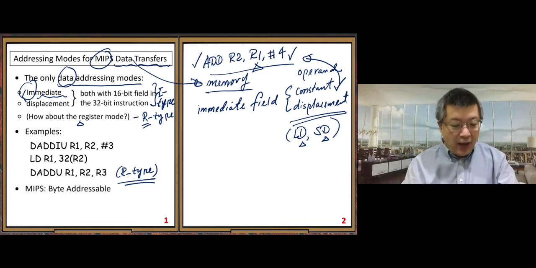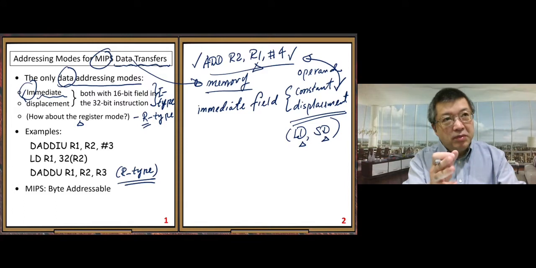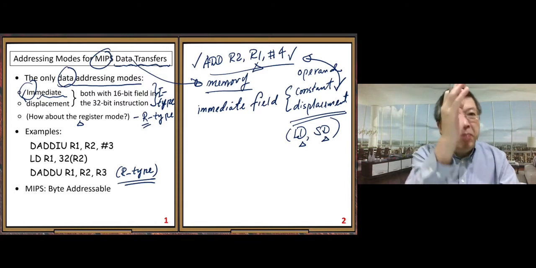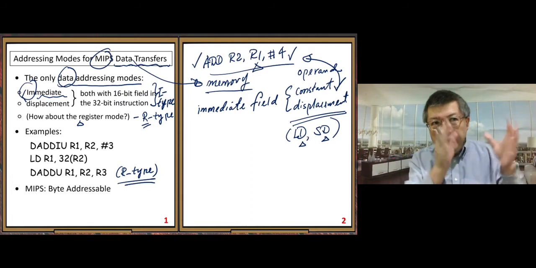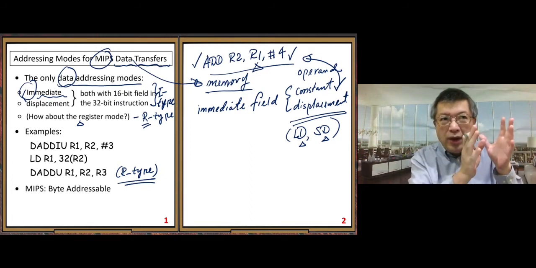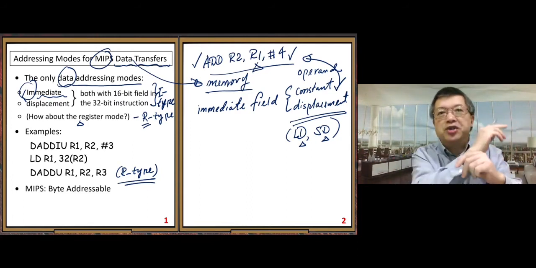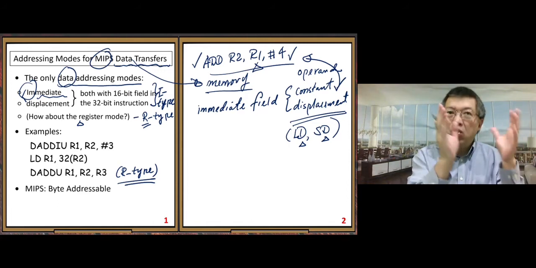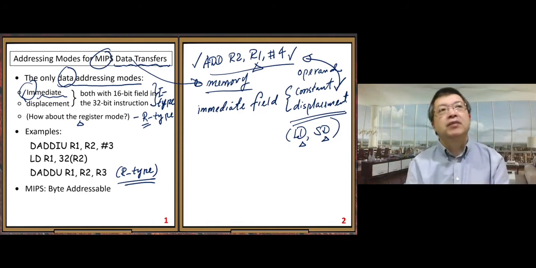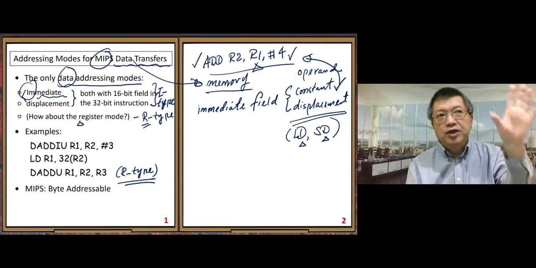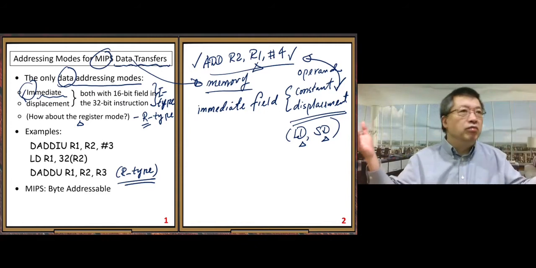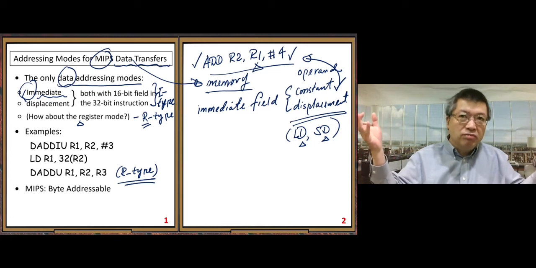Next, MIPS has this property: byte addressable. In main memory, every time we use a different address, it corresponds to a byte, not a bit, which is too small. For a bit, there is no address.